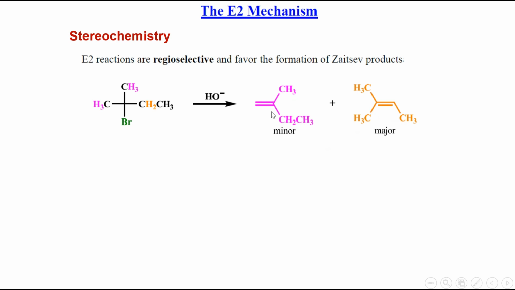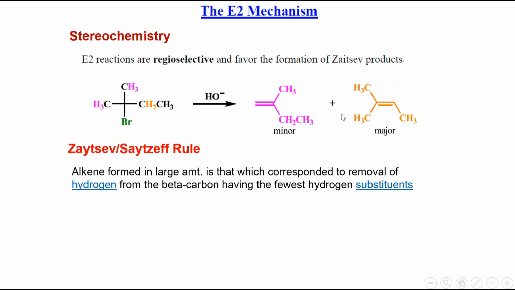Here, following Zaitsev's rule, it is selectively abstracting the proton from the carbon on the right hand side rather than the left hand side. This is called a regioselective reaction. Saytzeff observed this for the first time and he stated that the major product formed is the one having more substitutions.